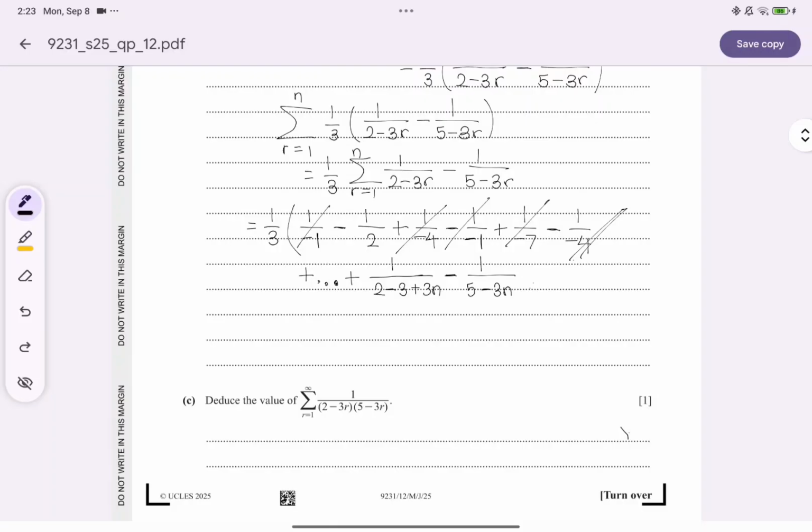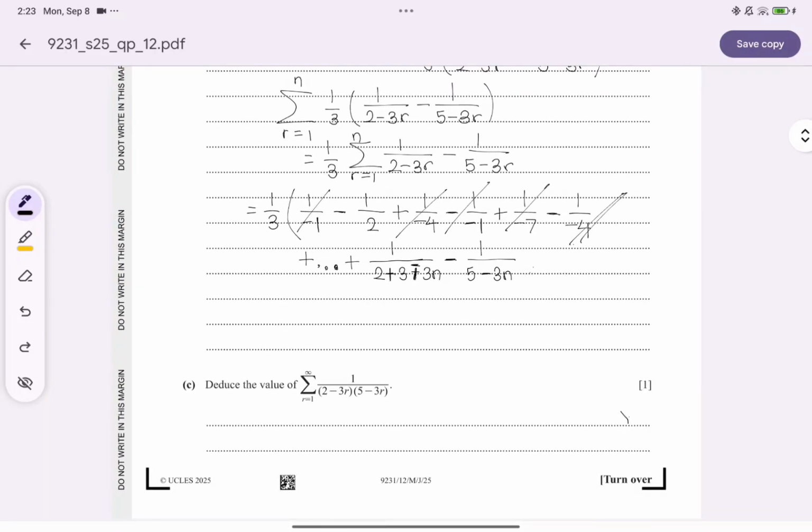Oh, sorry, this is supposed to be 2 plus 3n minus 3n, minus 1 over 5 minus 3n plus 3.